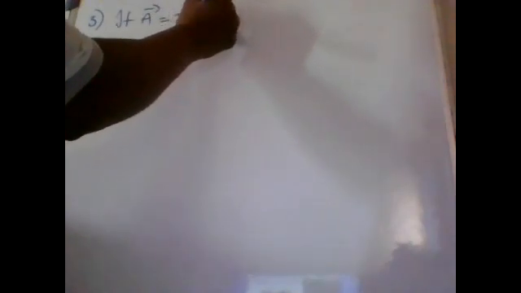Third problem: if A bar equals 3y⁴z² i plus 4x³z² j minus 3x²y²k.